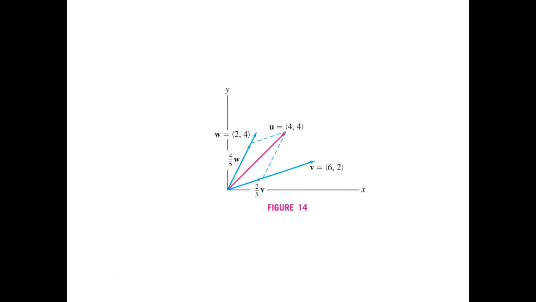Express the vector u, which is 4, 4, there it is there, okay, in figure 14 as a linear combination of v, which is 6, 2, and w, which is 2, 4, okay? So we need u to be some linear combination of those two.